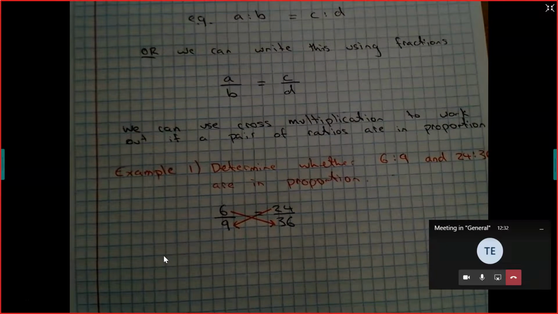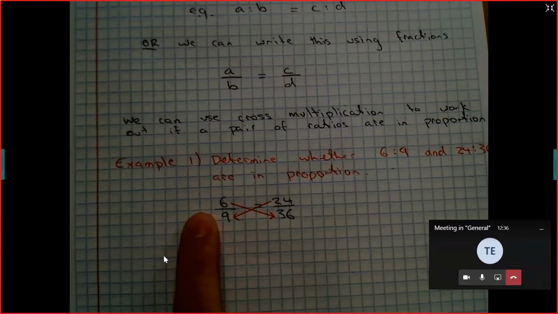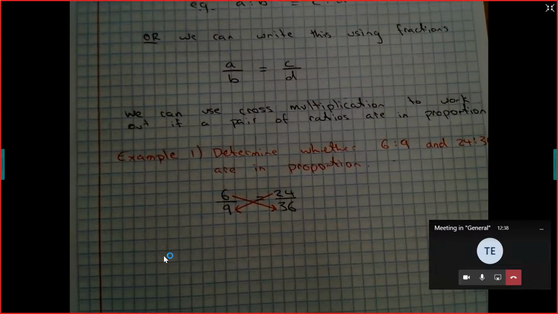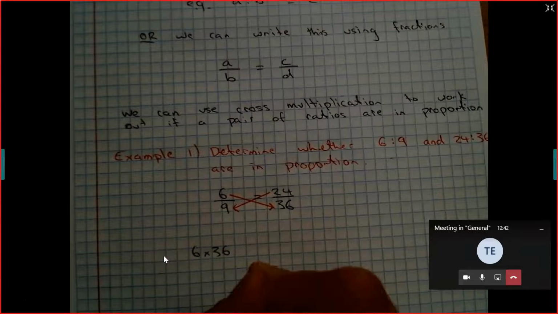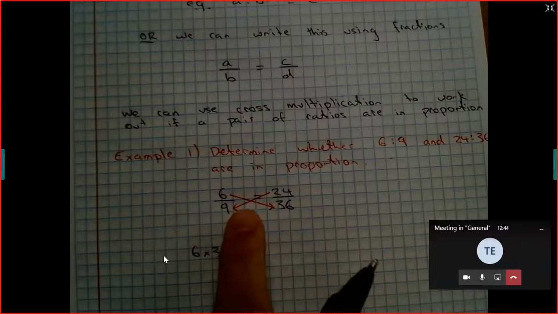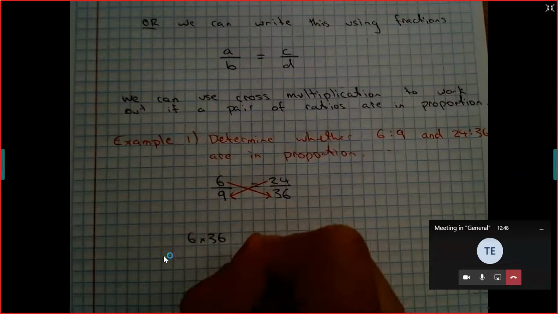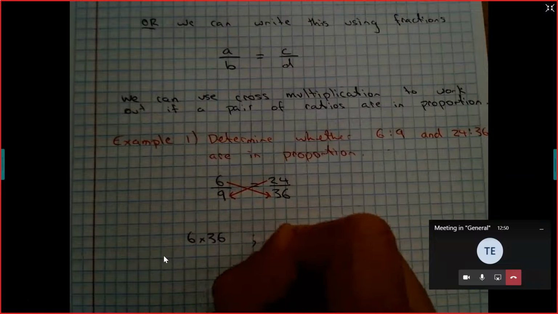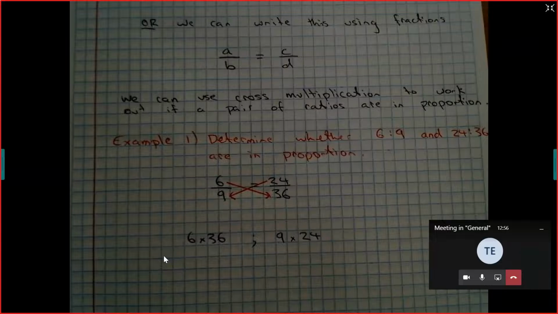If I do that, this 36 comes over to this side and is multiplied by the 6, so 6 times 36. On the other side, 9 times 24. If these products are equal, then we can say those two ratios are in proportion.